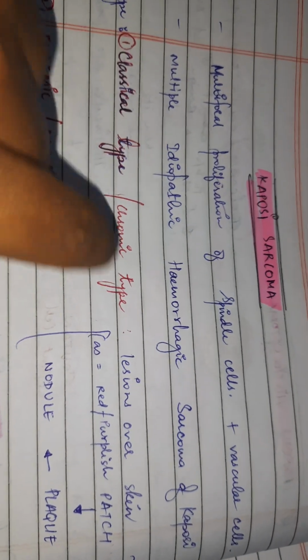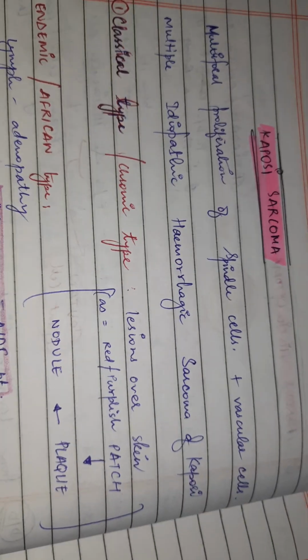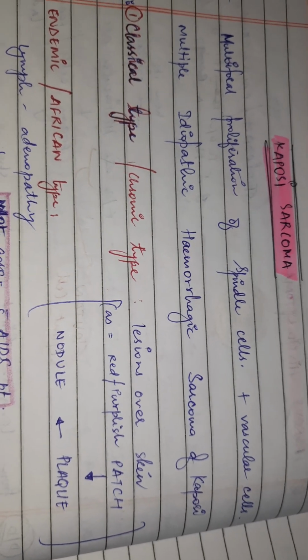It is also called multiple idiopathic hemorrhagic sarcoma of Kaposi.